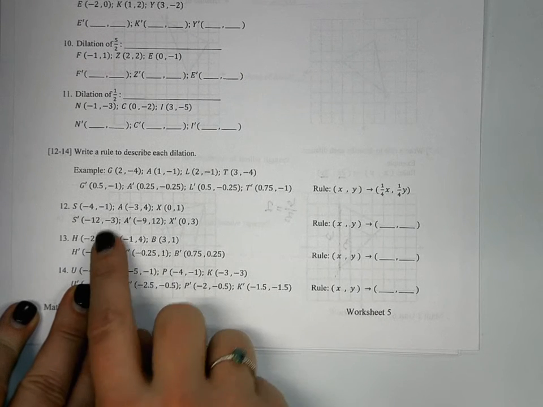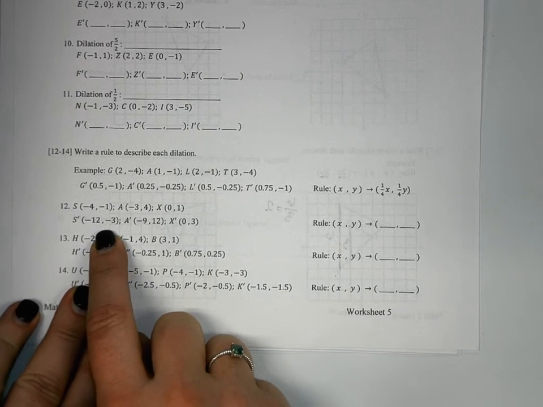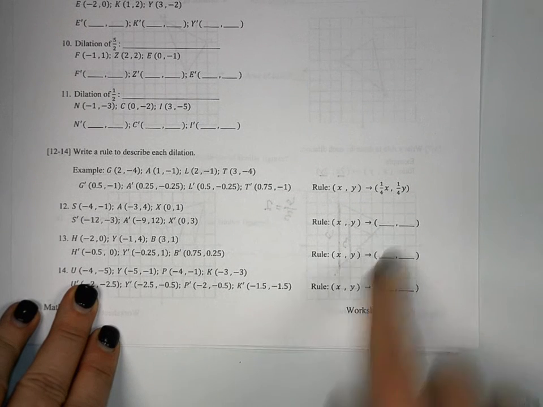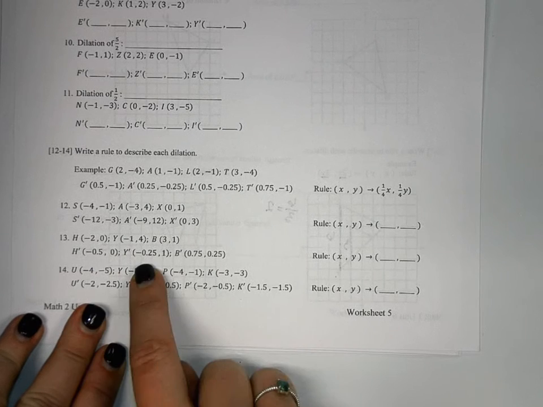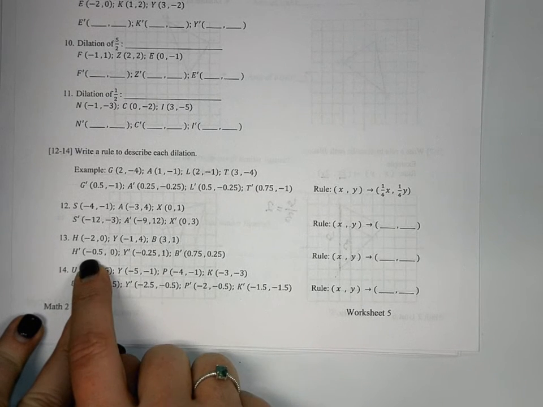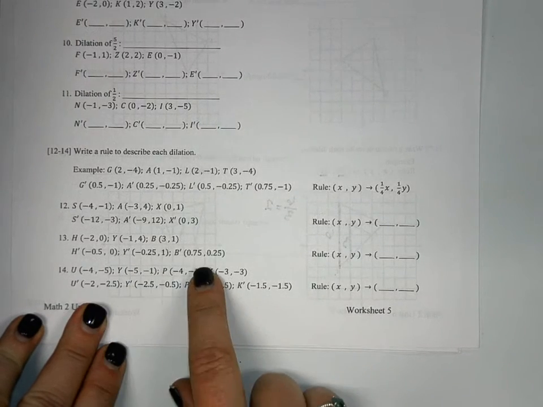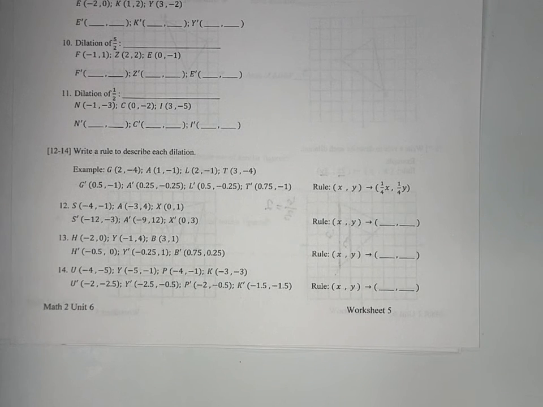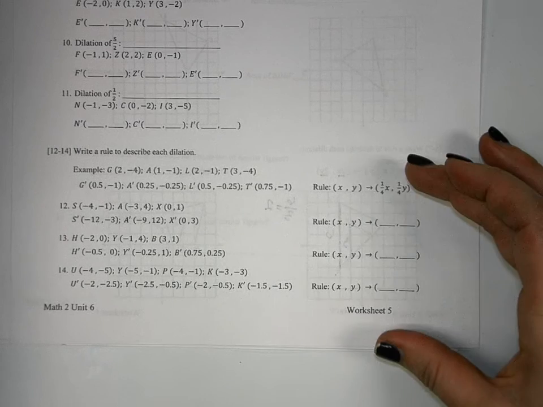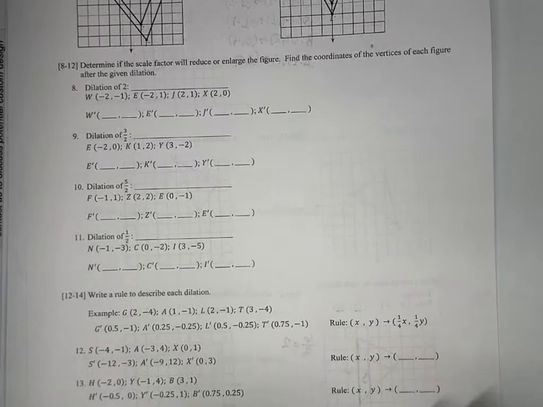Here we went up by 3, so what would our rule be? 3x, 3y. On ones like 13, if you're not good with decimals, try to find a pair of whole numbers that you can compare. That way you have something that's a little bit easier to do. So 12 to 14 and 8 through 10, you're doing the same thing just without having to draw the picture, you're just doing the mapping.